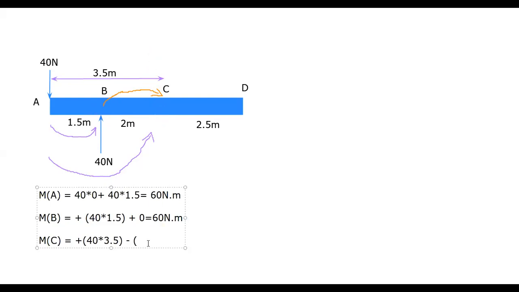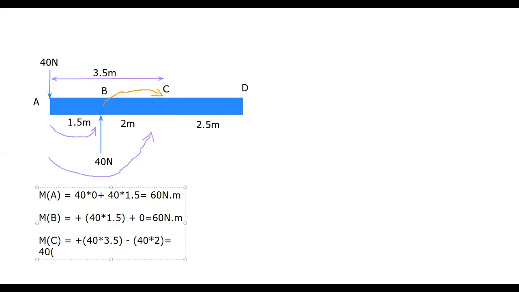So therefore, 40 multiplied by 2 meter, that will be how much? 40 multiplied by 3.5 and 40 multiplied by 2. So therefore, we can take 40 common here.